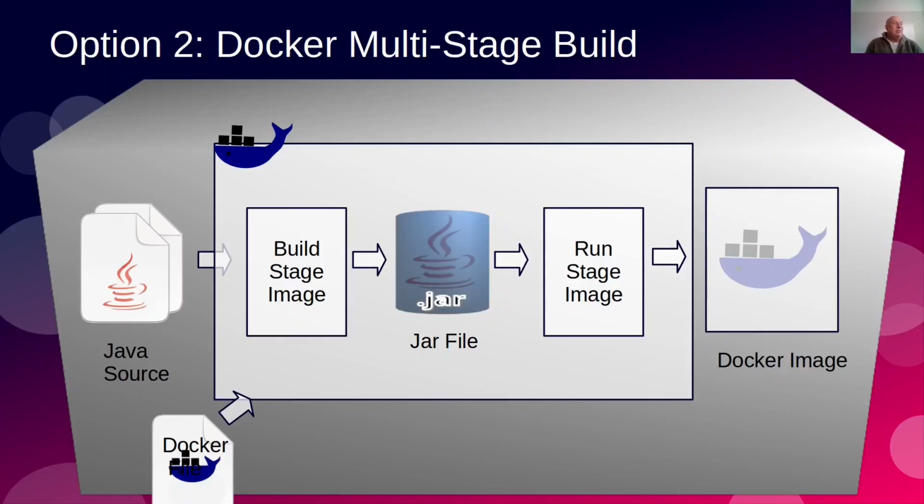And so what we're doing is we're creating the jar file in one container, and then we're copying only the thing that we need, the deliverable asset from the build stage image into the run stage image, and then the run stage image is our output, which remains with us, and we can go on and deploy that afterwards.